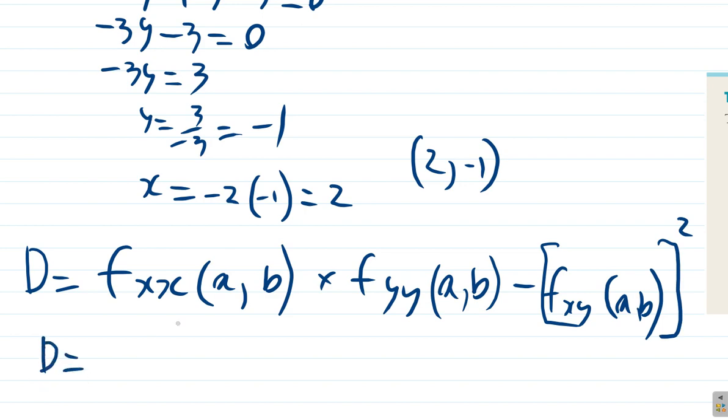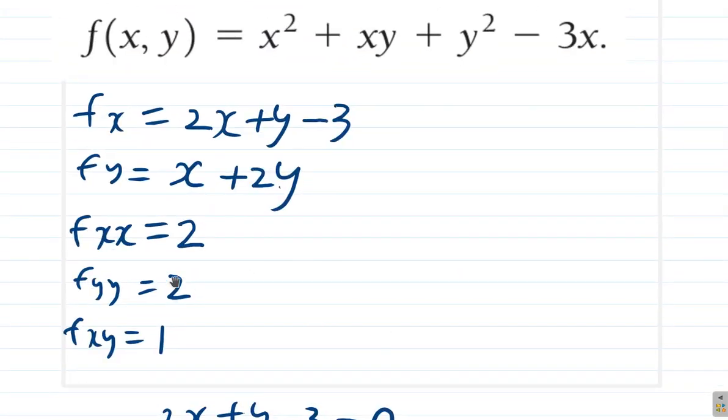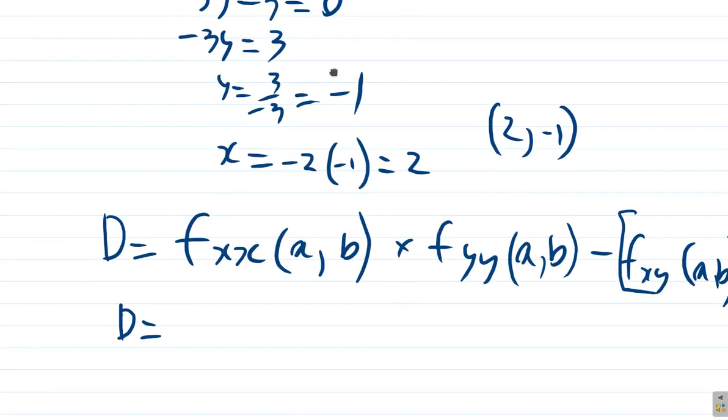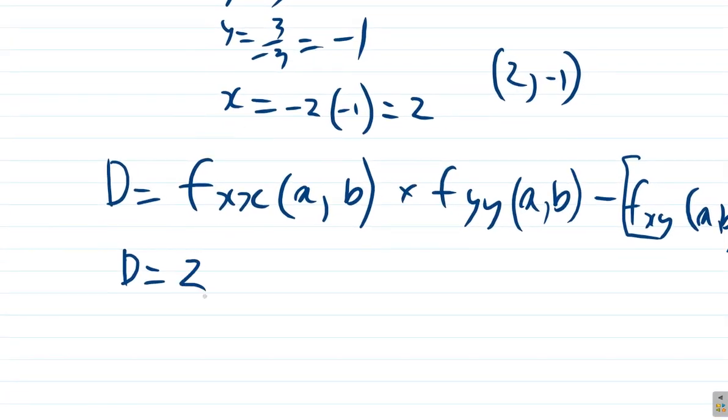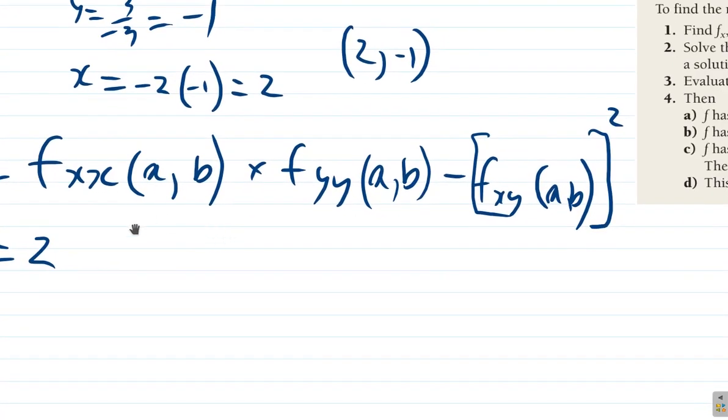So D is equal to fxx. fxx was 2. So we have 2. We don't have any space to put the (a, b). Let me change it from now. The a would have been 2. So wherever we say a, we would have put 2.